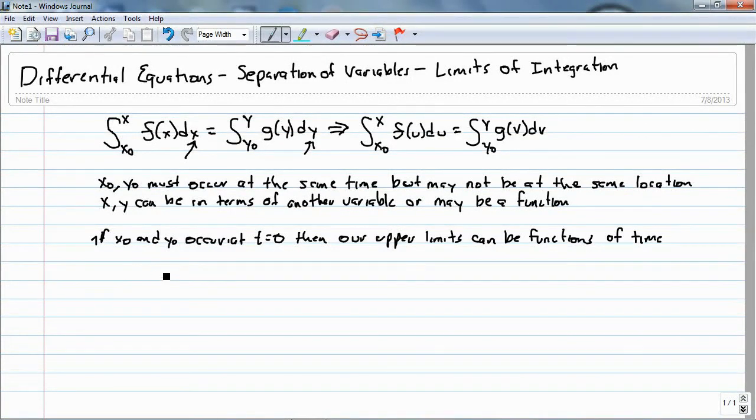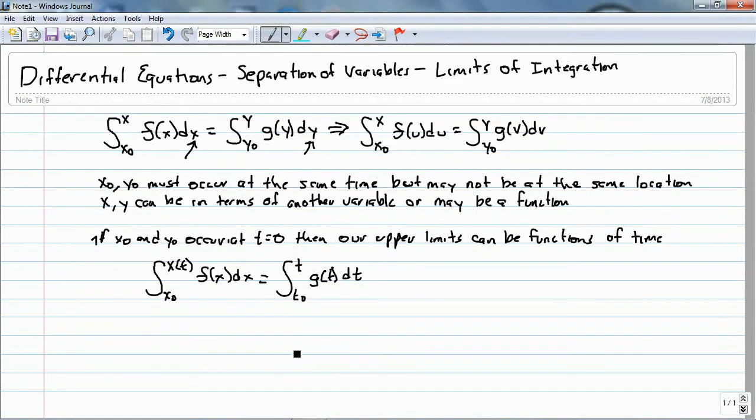And so sometimes you'll see me write integrals like so. And I may have some t0 to t, g function of t dt. We are going to see many forms like this semester.